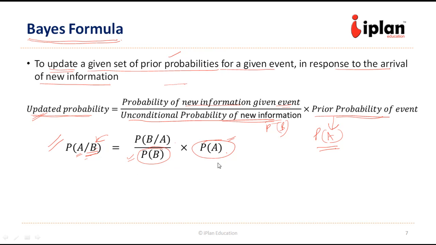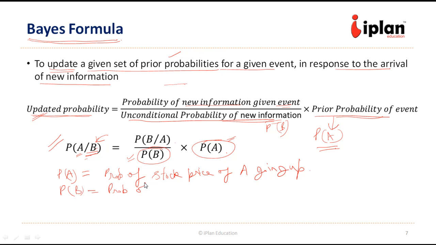Let us take an example here. Suppose the probability of A is the probability of the stock price of a stock A going up, and say the probability of B is the probability of GDP rise being positive.